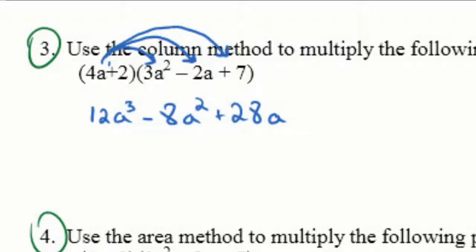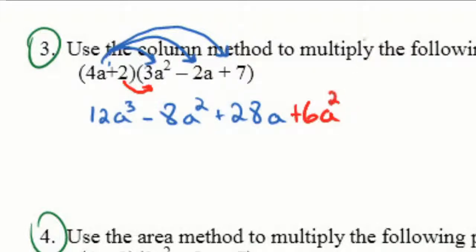The second step is taking this 2 now and multiplying it by everything in the second bracket. So I'm just going to do it kind of one step at a time. So the first one here, I'll just change color so you kind of see where these are coming from, but you definitely don't need to do this in 2 colors when you're doing it. 2 times 3 is going to give me positive 6.